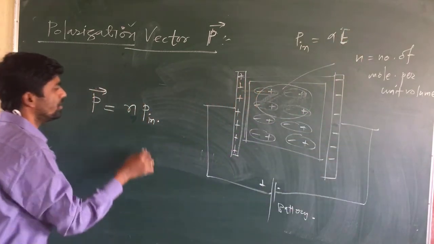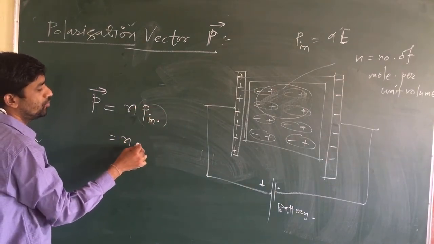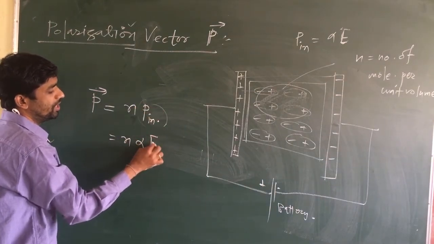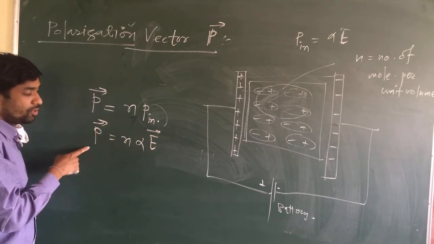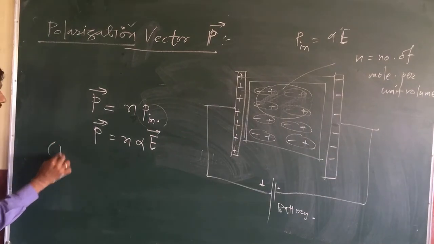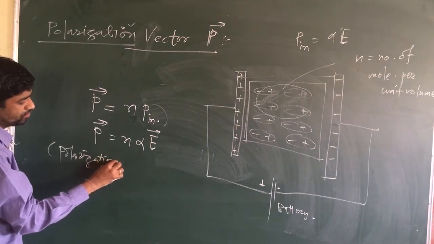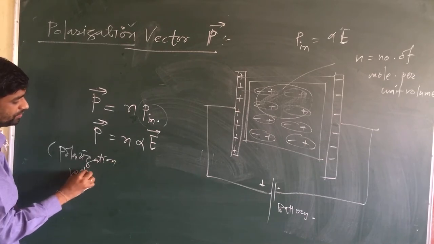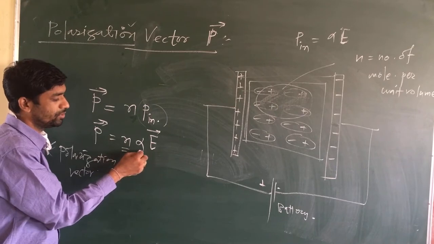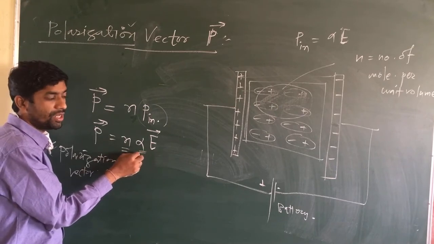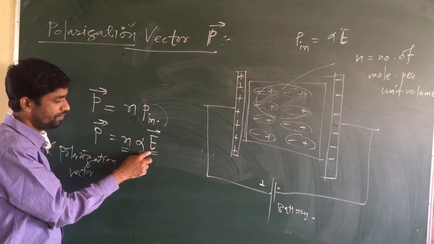So substituting, P, your polarization vector, is given as the number of molecules per unit volume times alpha, the polarizability constant, times the external electric field.